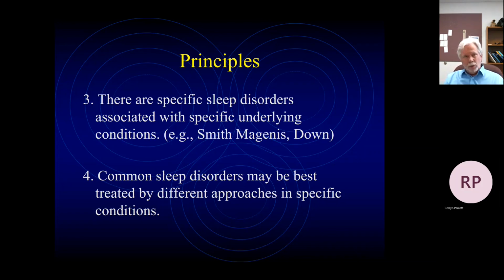Kids with Down syndrome are prone to different sleep disorders, which I'll touch on in a moment. Common sleep disorders may be best treated by different approaches in specific conditions. So taking into consideration what the developmental issues are with a patient may help to customize therapy that is more appropriate to them.